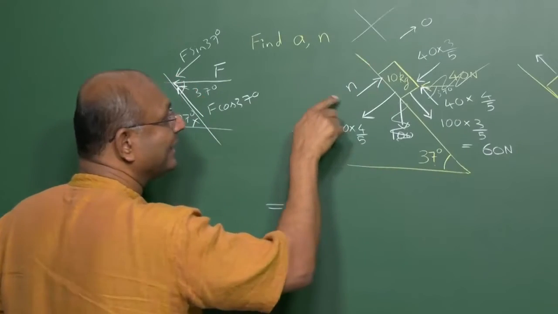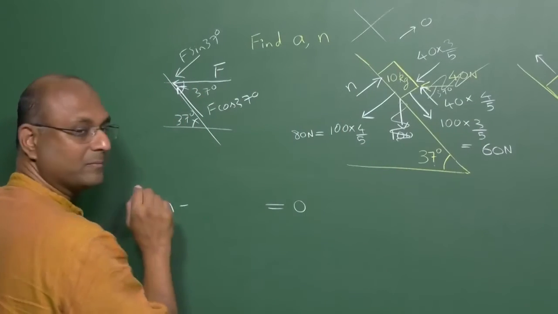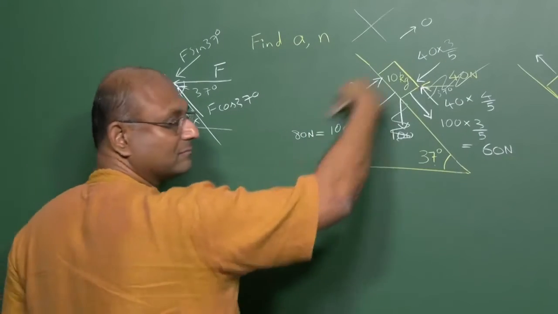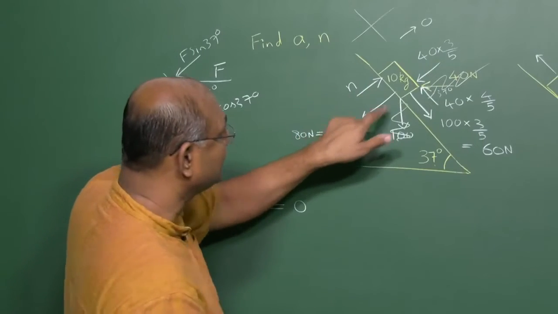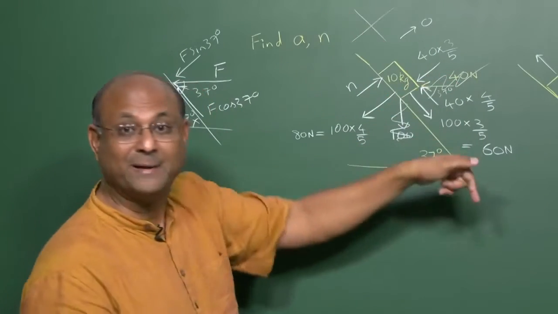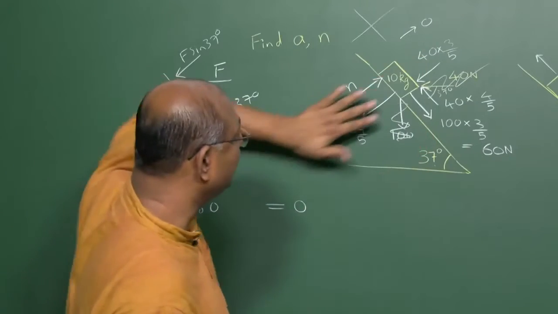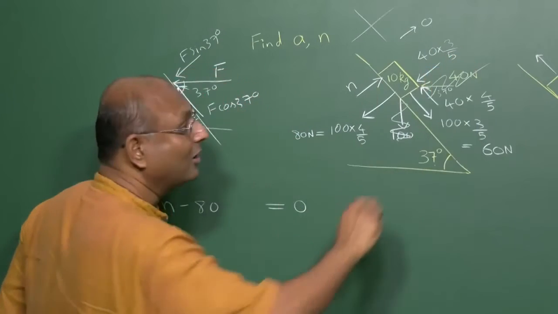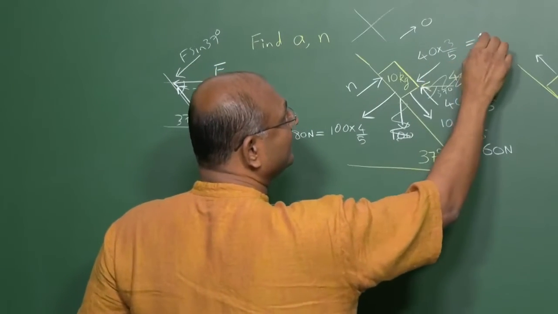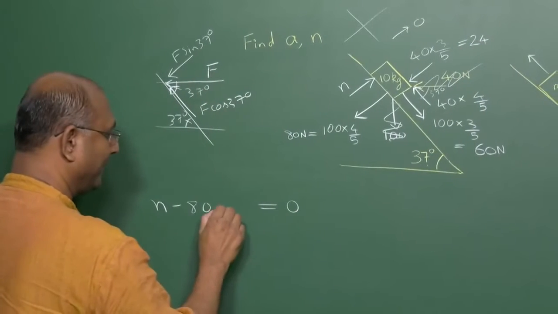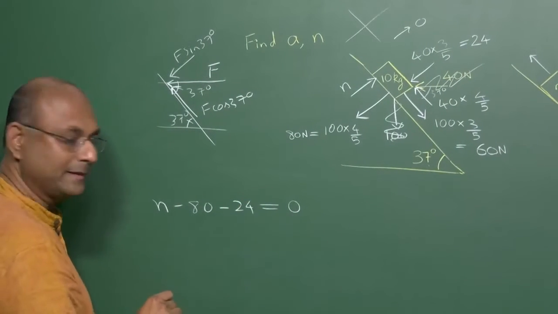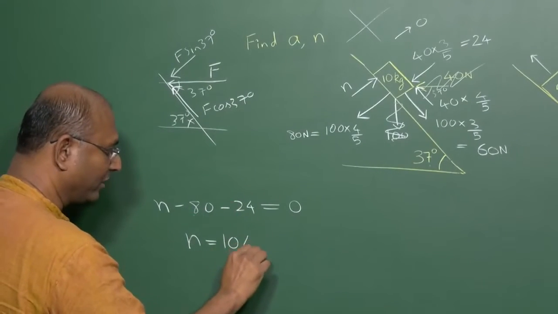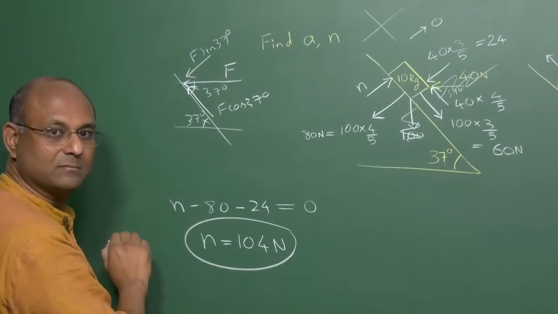In that direction, N minus 80. I'll only count this force and this force. These two are in the perpendicular direction, not affecting. Only these three will affect this direction. N minus 80 minus this fellow. How much is this? 8 into 3, 24. So minus 24. Is that okay? So how much is N? 104 newtons. Right?